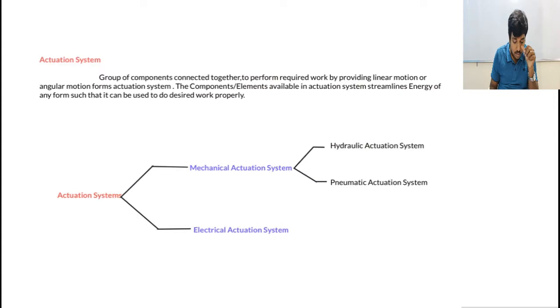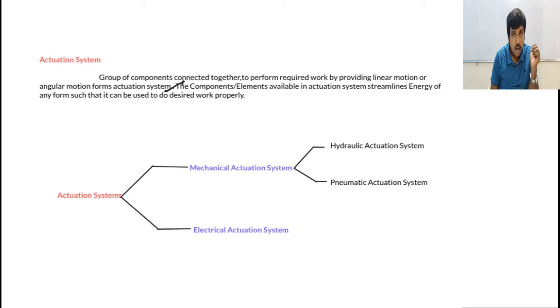As I said, an actuation system is nothing but a group of components connected together to perform the required work by providing linear motion or angular motion. This is exactly what I told earlier also. Even in the previous slide you have seen clearly that the final intention of all the organs working together is to displace the load.